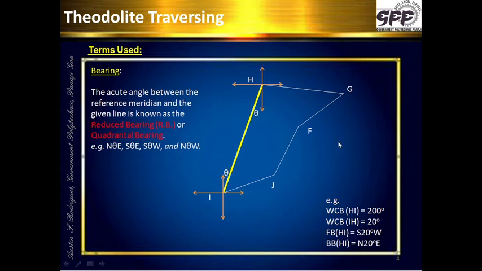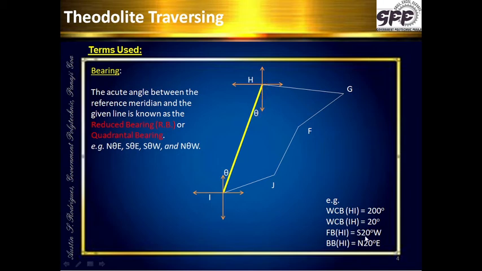Let us look at this. The whole circle bearing of HI was 200 degrees. So whole circle bearing of IH was observed to be 20 degrees. So forebearing of HI in reduced bearing or quadrantal bearing terms is south. Now how much would this be? This whole thing is 200 degrees and from north to south is 180 degrees. So 200 minus 180, balance is 20 degrees.